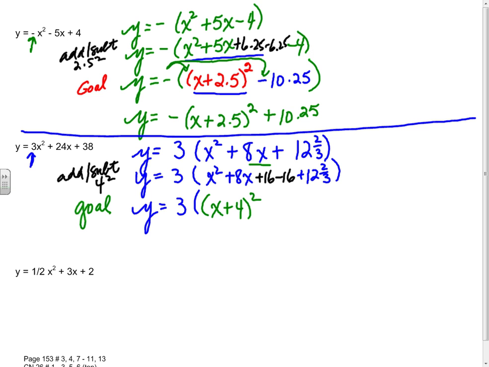There we are. The first 3 terms, x squared plus 8x plus 16, is my x plus 4 squared goal, and then I put in the leftovers. Minus 16 plus 12 and 2/3 is 3 1/3. Minus 3 1/3.